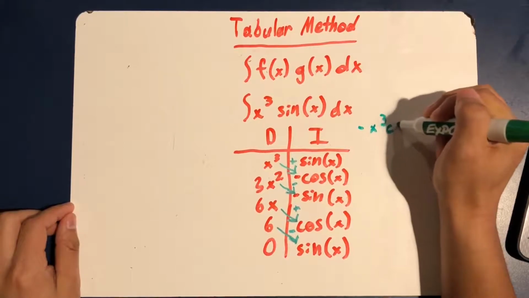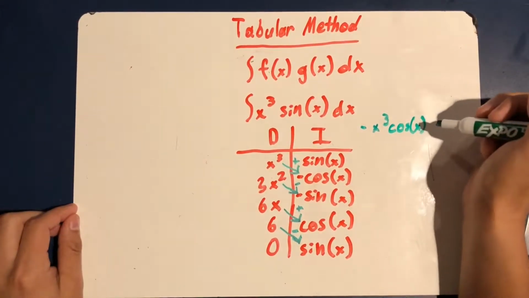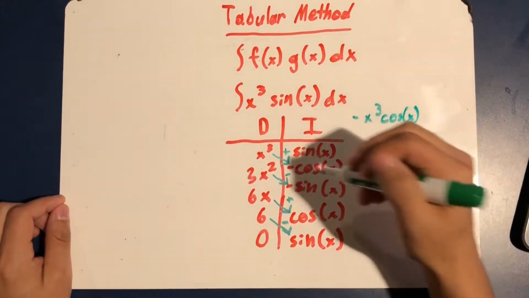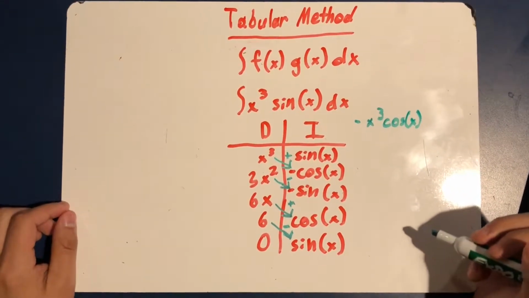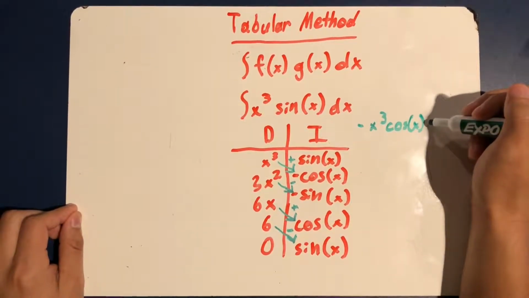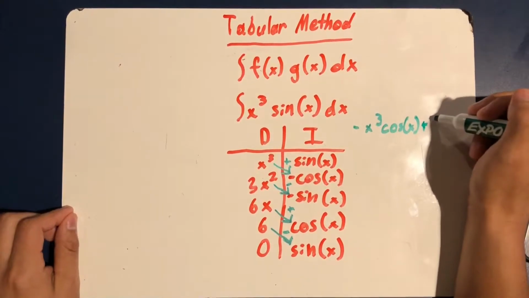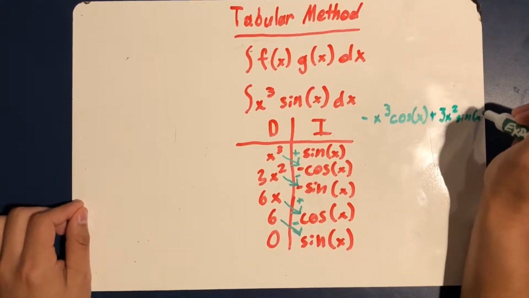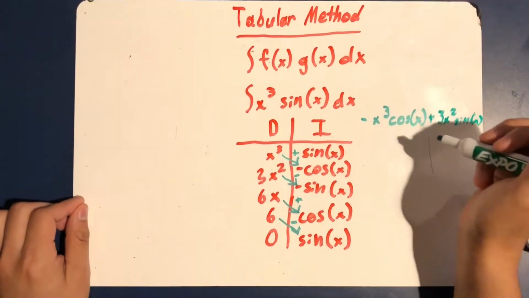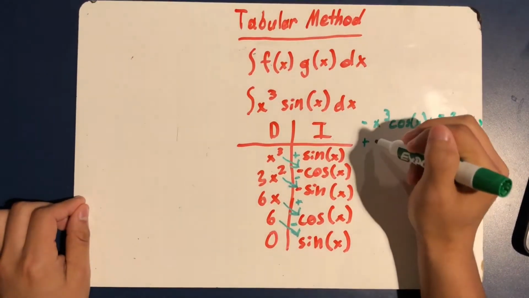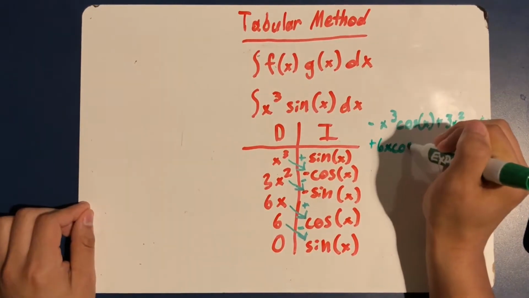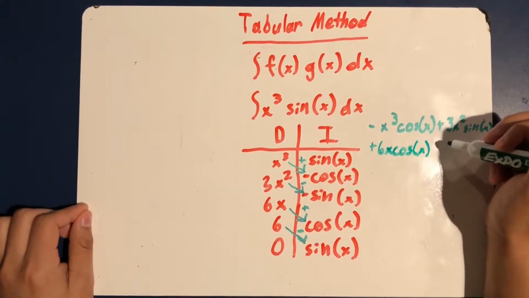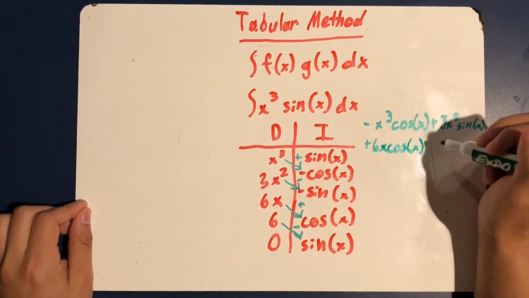So as we begin to multiply these functions, we'll get negative x cubed cosine x, then we'll get positive 3x squared sine of x, then we'll get plus 6x cosine x, and then we'll get negative 6 sine x.